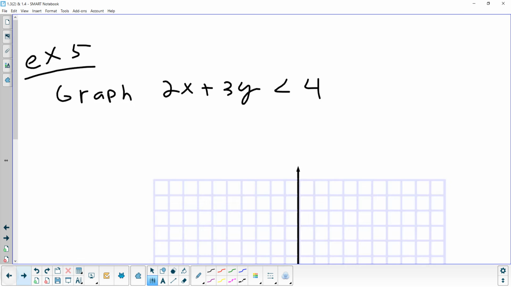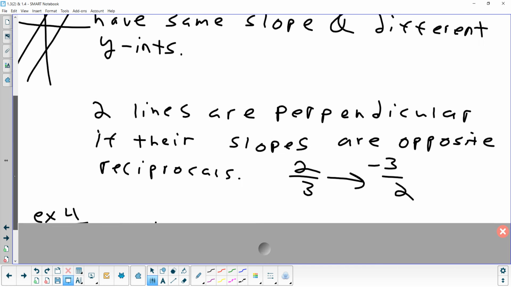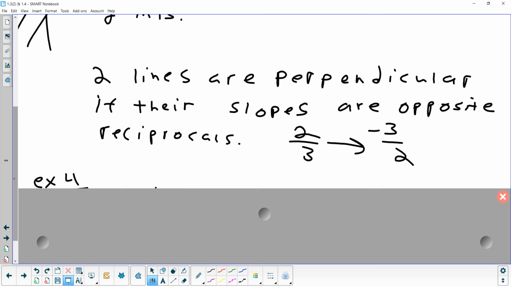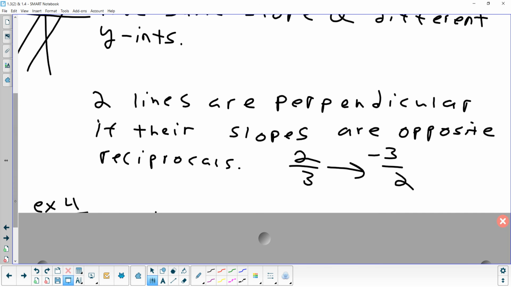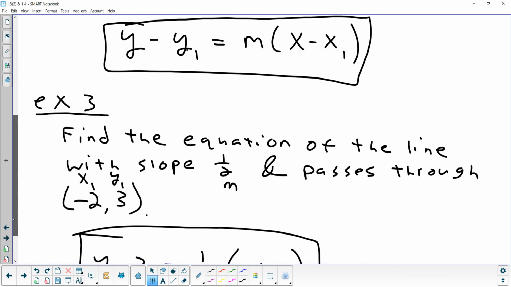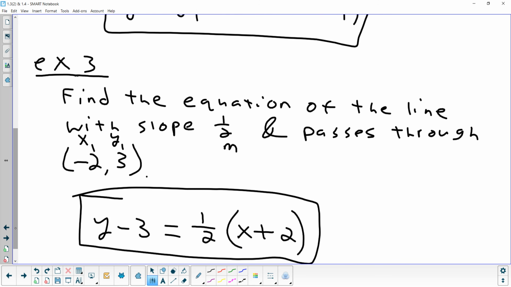And then that's the last thing. So what you'll see on a problem like this is something like find a line parallel to the following line and goes through a certain point. So it's almost like a problem like this. The only difference is they don't tell you the slope.